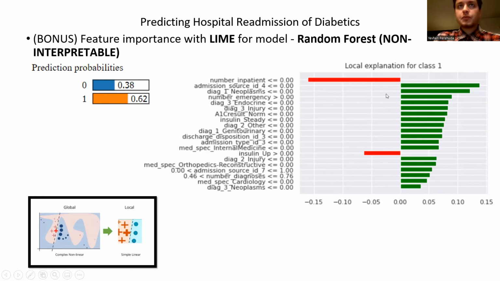And what we can see is that this patient hadn't had any inpatient visit in the hospital before, which is 0. It gives some weight to the 0 probability. But as we can see, there are many other features which make a big contribution to being readmitted, namely that the patient wasn't admitted from source 4.0.